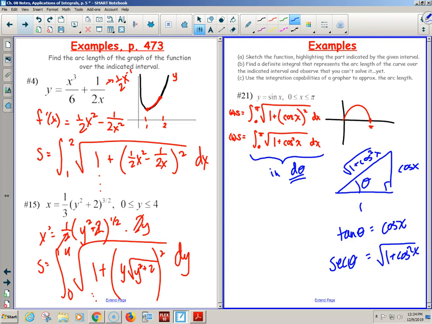And to get a d theta for dx, to even legally be able to do it, I would have to take a derivative. The derivative of tangent is secant squared theta d theta, which is equal to negative sine of x dx.